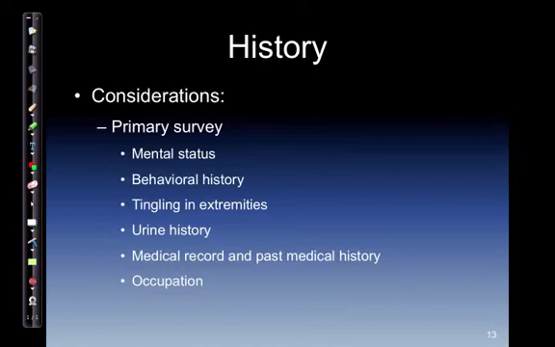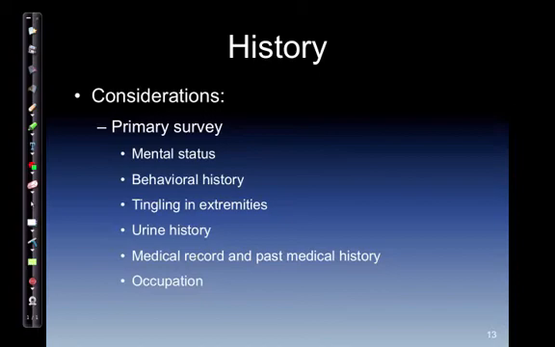Urine history: a downward trend in urine output leading to oliguria, or decreased urinary output, is also suggestive of progressive deterioration of kidney function. Sudden cessation of urine output, or anuria, would lead to the suspicion of occlusion, maybe even a kidney stone.